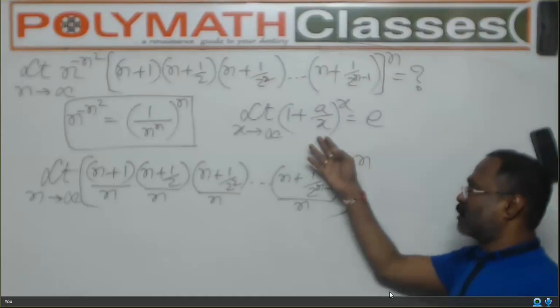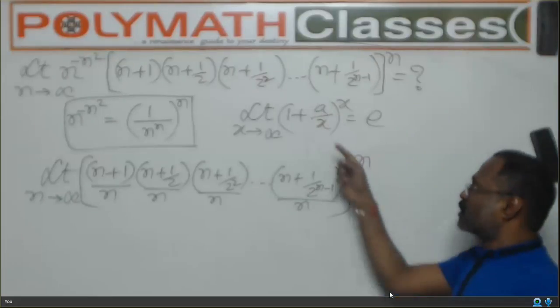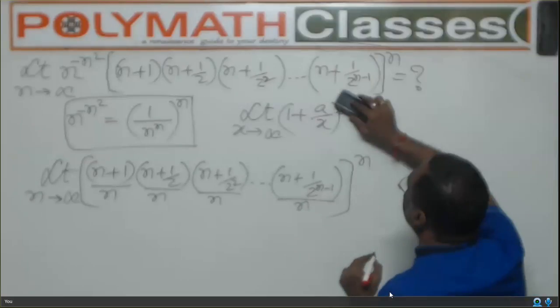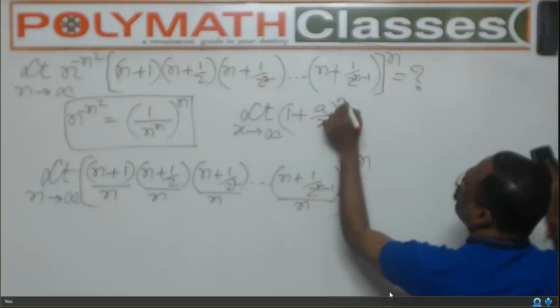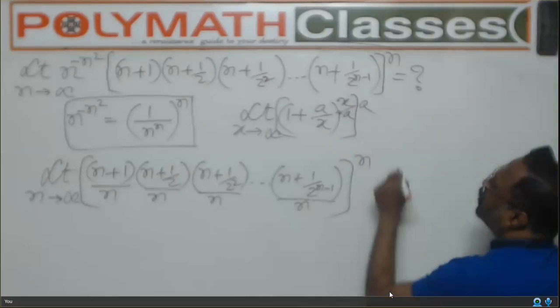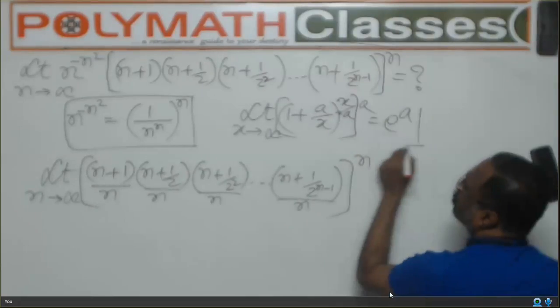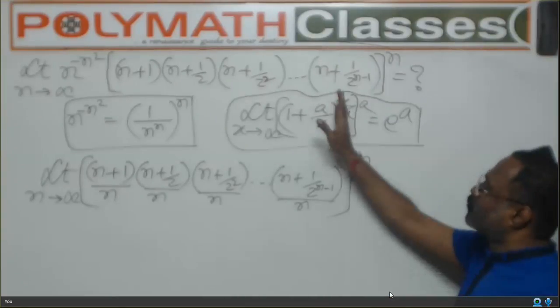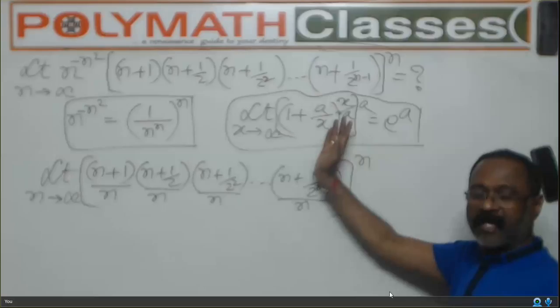Its reciprocal must be there in the numerator. That means you must have x by a here. So we write it as x by a whole power a, which becomes e power a. E power a, that is 1 by x coefficient. 1 by x coefficient will come in the power.